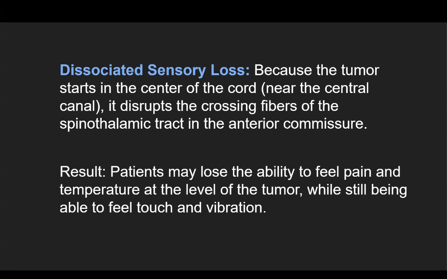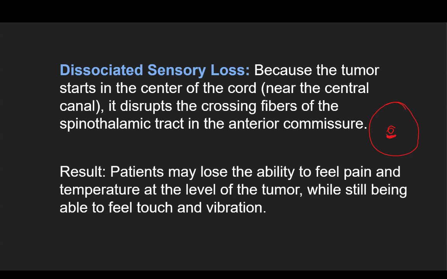Just give me a minute. So we have, can you see my screen? Yes. So imagine, and this is a very poor representation of the spinal cord, by the way, but we have central canal here. This is the cord substance, and this here is the anterior commissure, right?